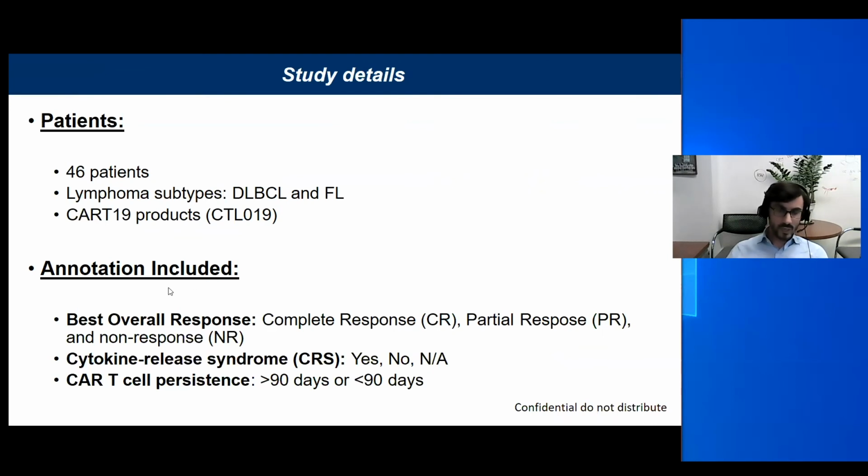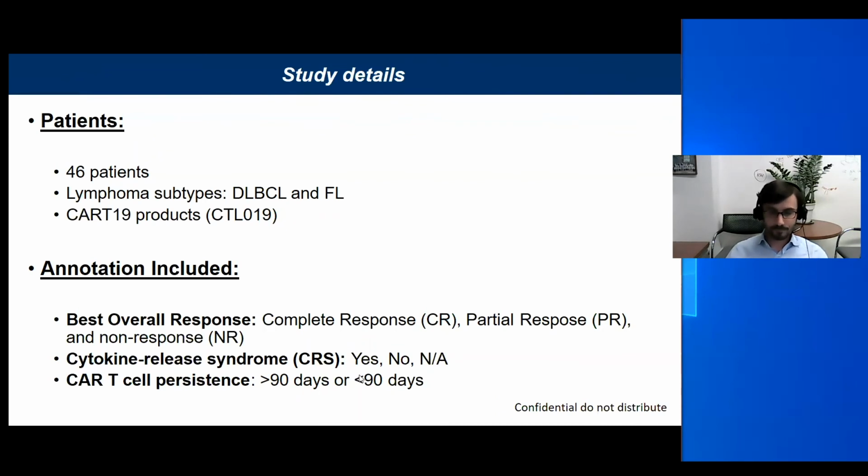And the data that we analyzed at this point, and these are still preliminary analyses, is the best overall response, identified as complete response, partial response, or lack of response. We look at the cytokine release syndrome data, presence, absence, or data not available, and the CAR-T cell persistence, defined as more than 90 days or less than 90 days.